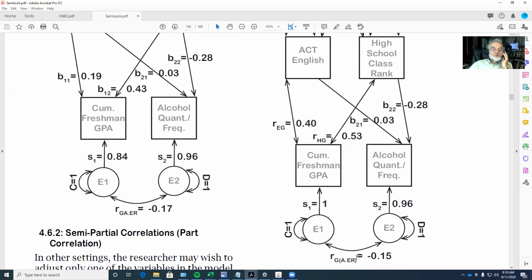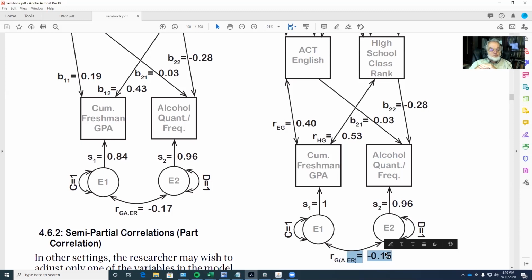In that respect, the idea of the statistical significance of this semi-partial is exactly the same as you would think about in a regression model, because the statistical significance of a regression coefficient answers the question, does this coefficient give me anything unique above and beyond the other predictors?